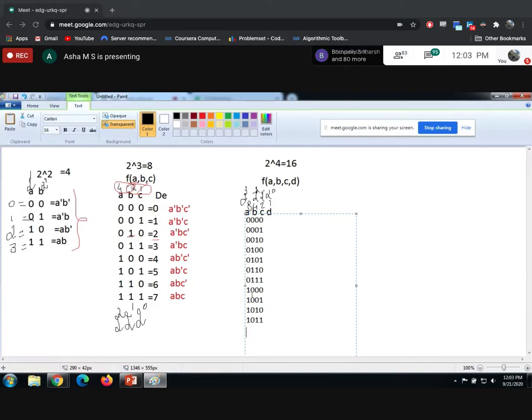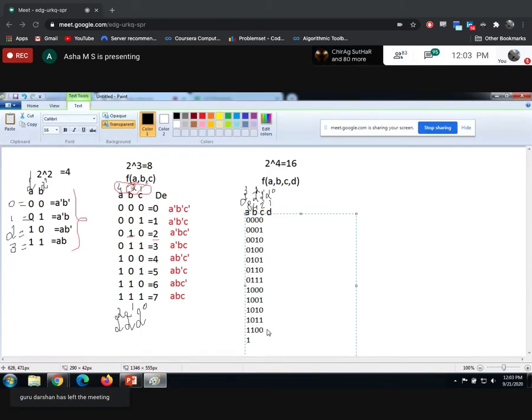Next I have after 11, 12. 12 means 8 plus 4. 1, 1, 0, 0. If anything is wrong, let me know. Next I have 13. 13 means 8 plus 4, 12, plus 1.